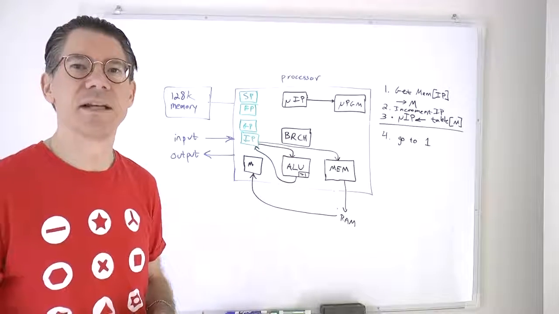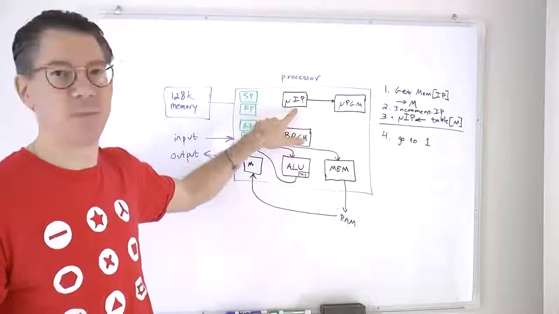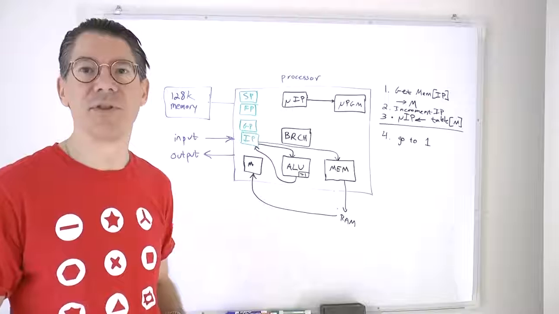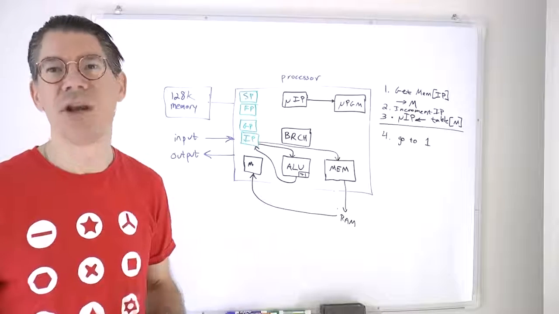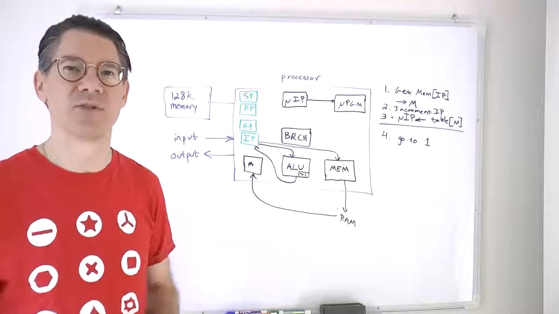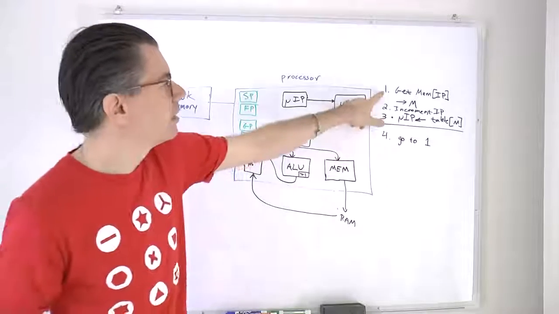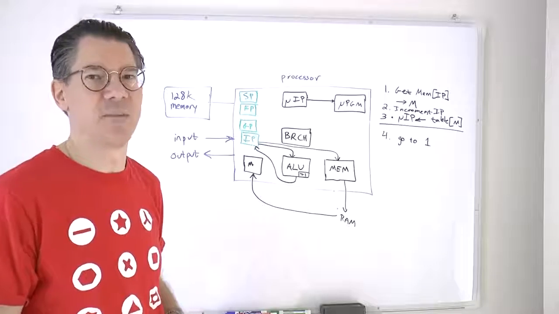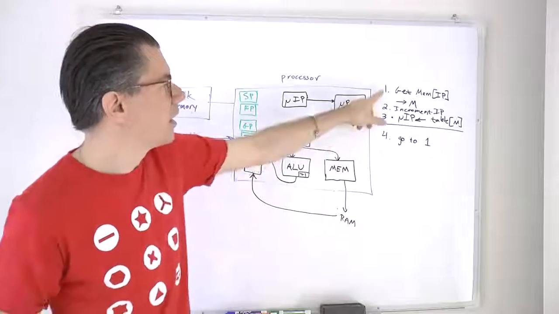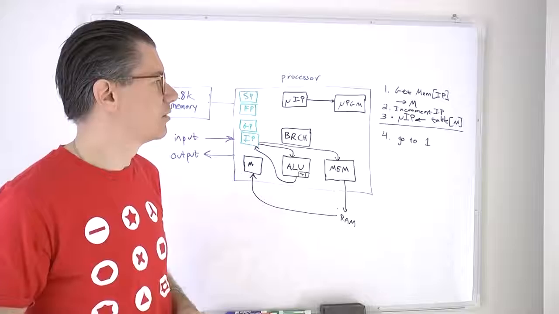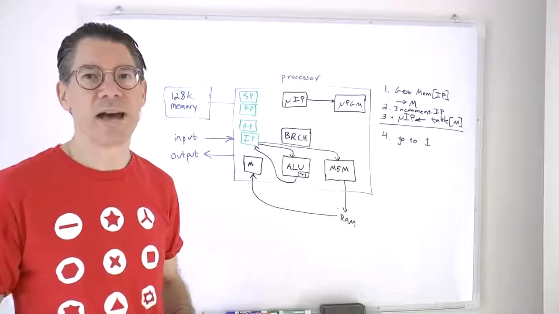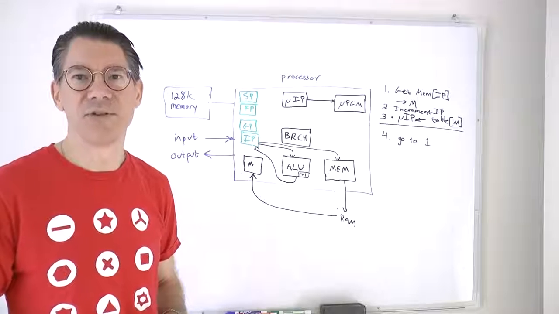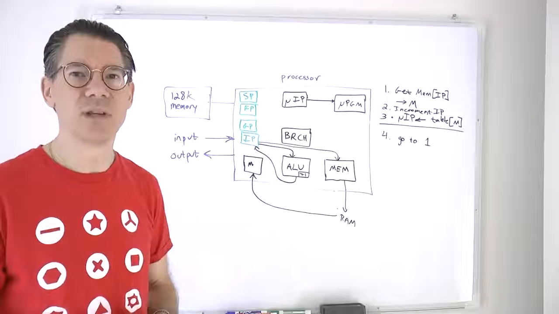Now, one of the things that I didn't talk about is how do you control the micro instruction pointer. We did have a step over here where we load the micro instruction pointer, but of course we have to increment the micro instruction pointer. So in step 1, assuming that these were serial operations and not parallel operations, every one of these instructions, with the exception of the load, would have to have an instruction that tells the micro instruction pointer to increment itself.